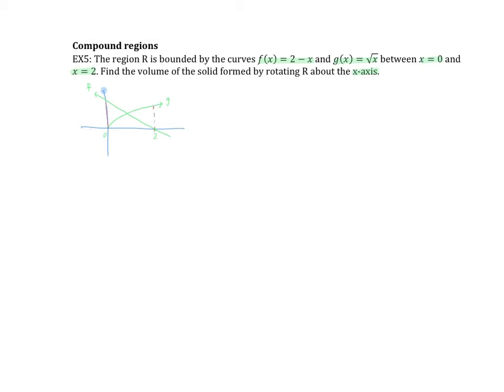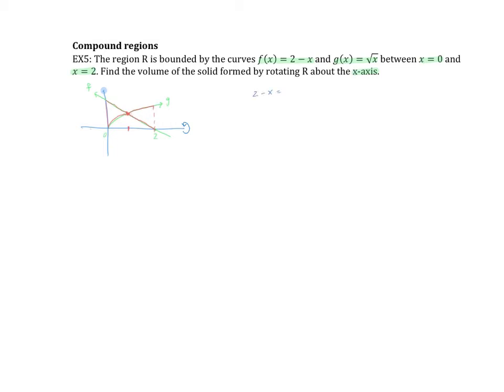Since it's between the curves, it would be this first region and then this second region. But notice that the upper and the lower functions have switched. So I have to figure out where they intersect, and then I'm going to set up two integrals. Again, we're rotating about the x-axis, which tells me I'm going to integrate with respect to x.